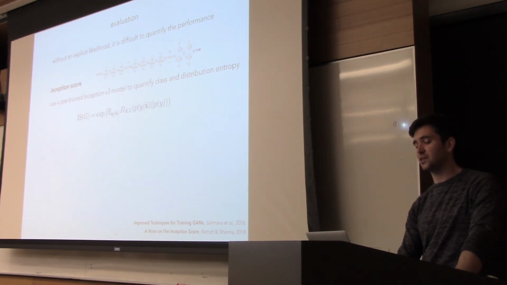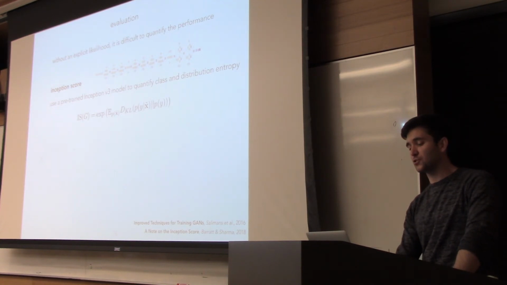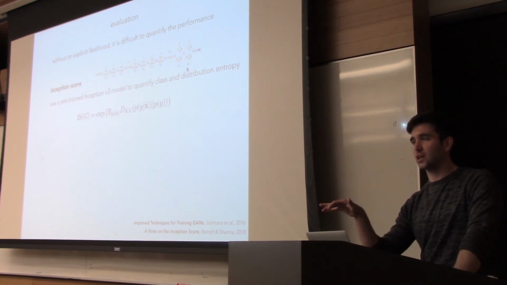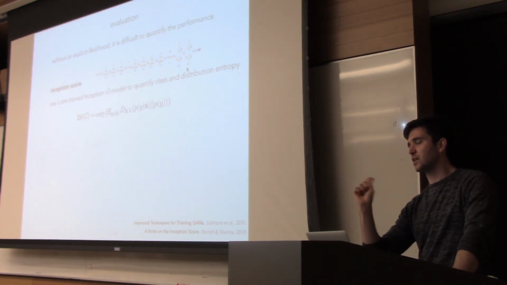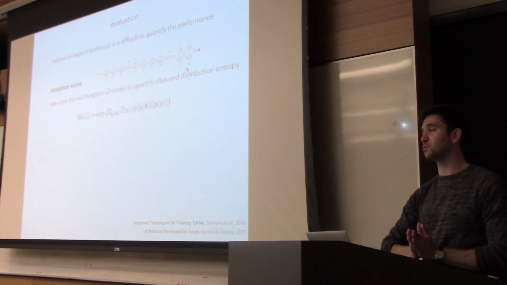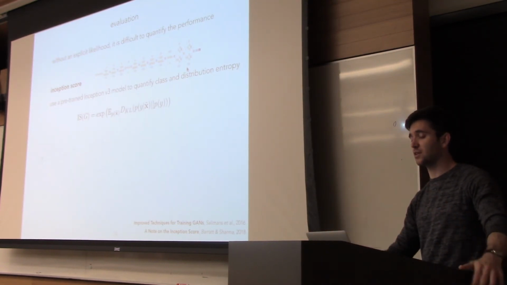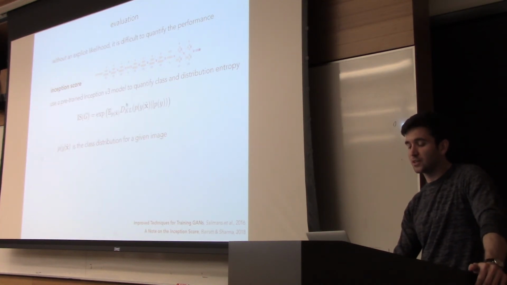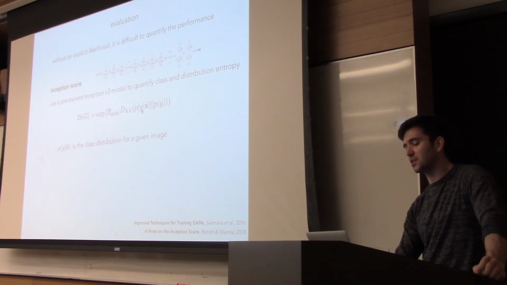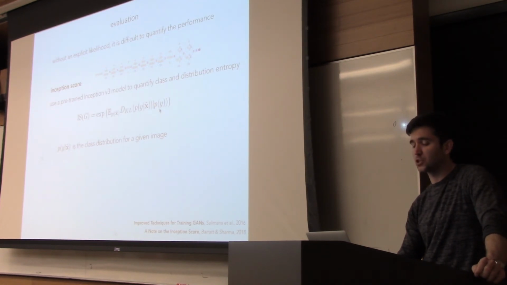So you feed your generated examples through this inception module and see, based on the ImageNet classes, what is the distribution over classes for a particular example, and then what's the distribution over classes for all the examples that you've generated. This is quantified using the KL divergence between the probability of the class for a particular image, and the probability over all classes of what you would typically generate.